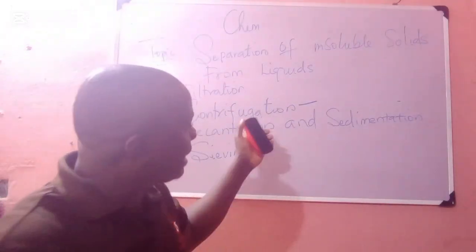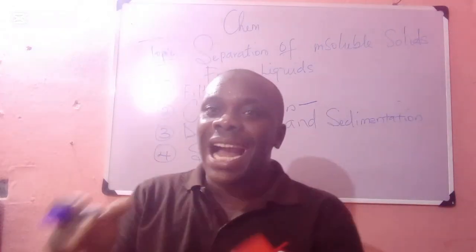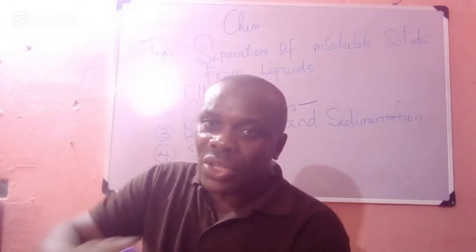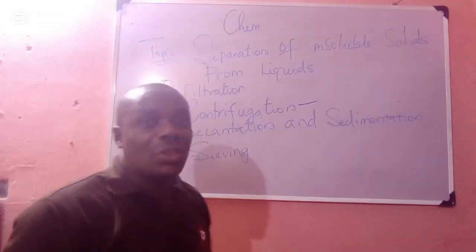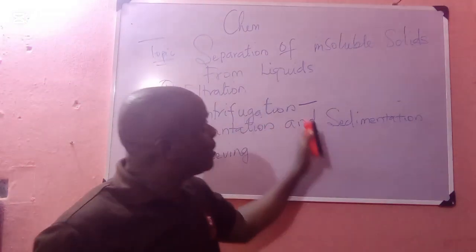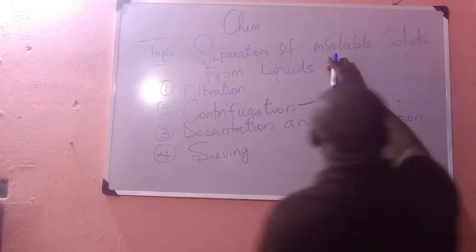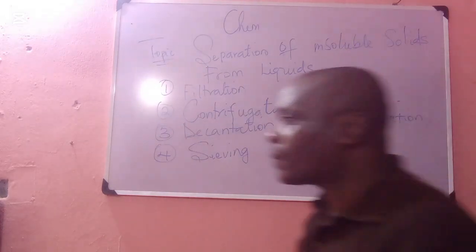That is sedimentation and decantation. You allow it to sediment, you allow it to settle down, then you remove the liquid from the upper part. It's a separation technique for separating insoluble solid from a liquid.